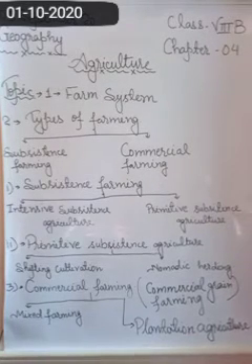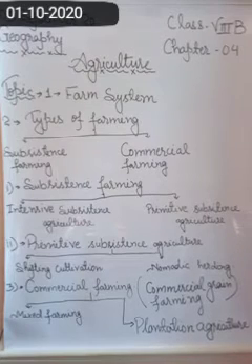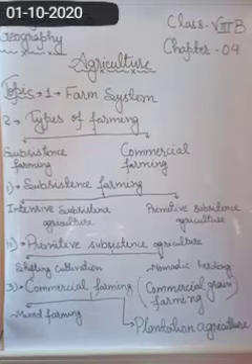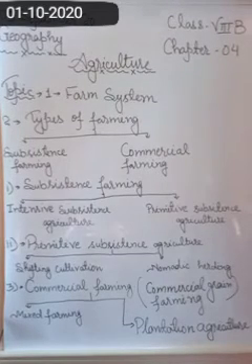So students, in commercial farming, mostly crops are grown and animals are reared for sale in the market. The area cultivated and the amount of capital used is large. And in this type of farming, most of the work is done by mechanized machines.